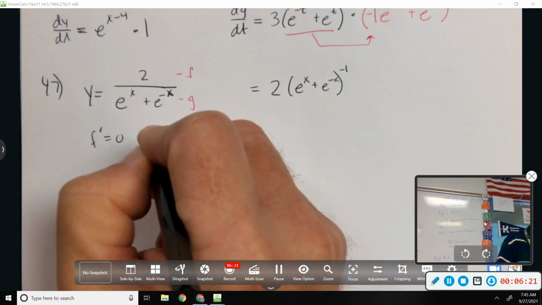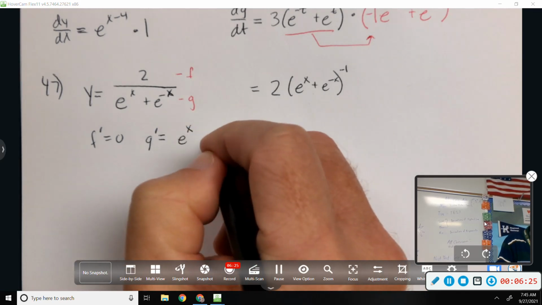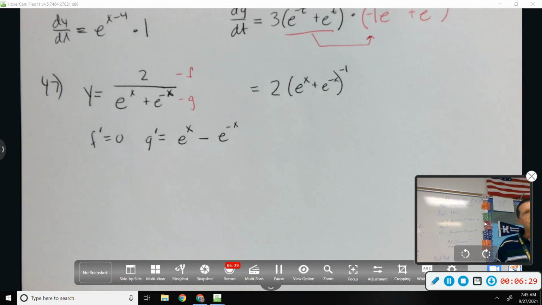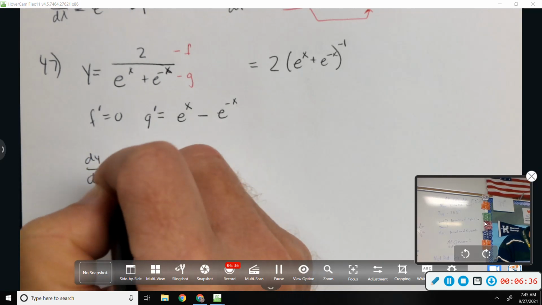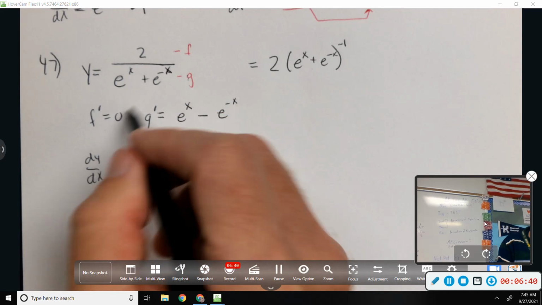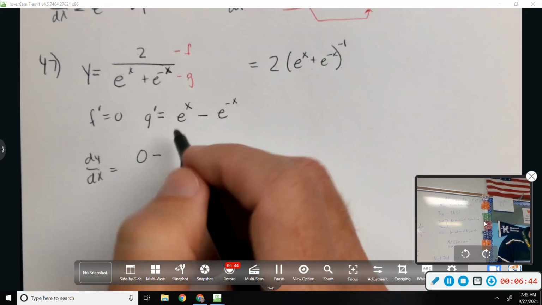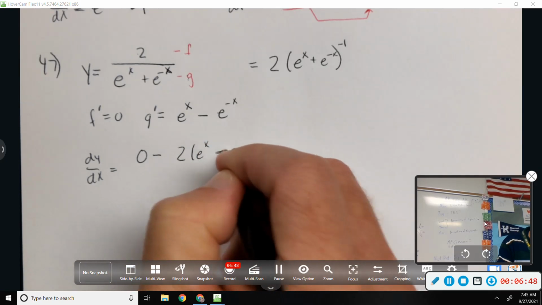F prime is 0. That's easy. G prime would be e to the x minus e to the negative x. Okay with that? So g f prime would be 0 minus f g prime. Okay, lots of minus signs.